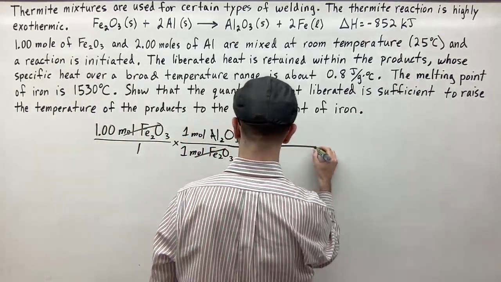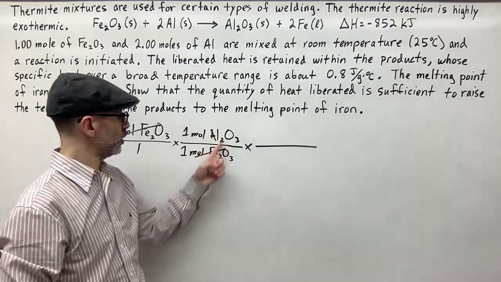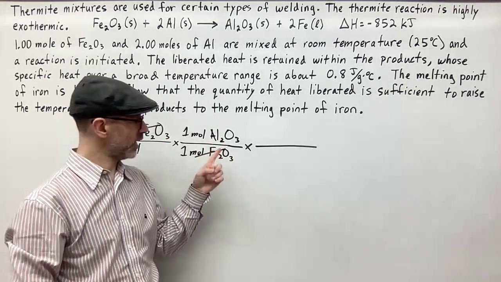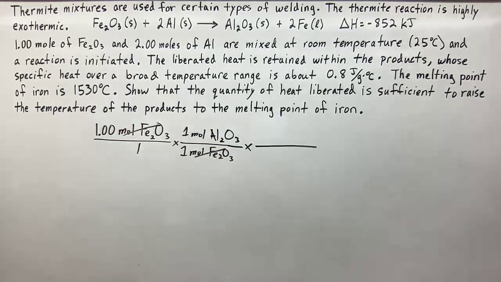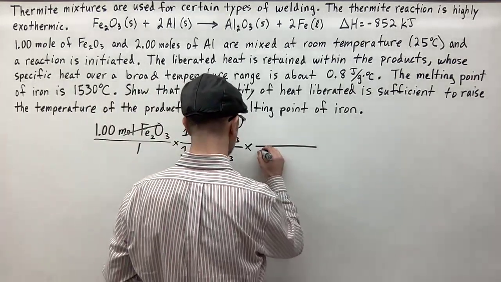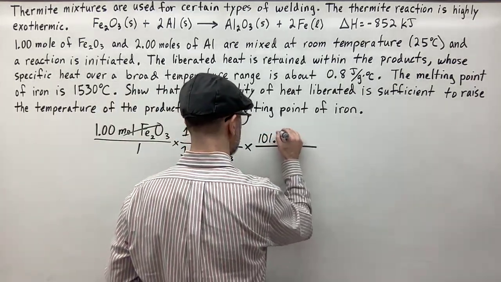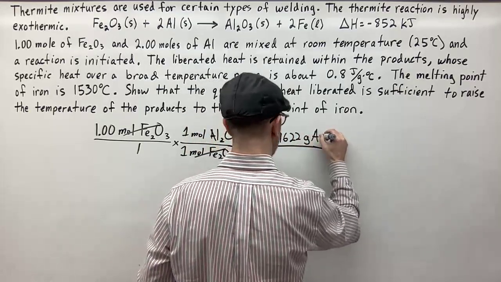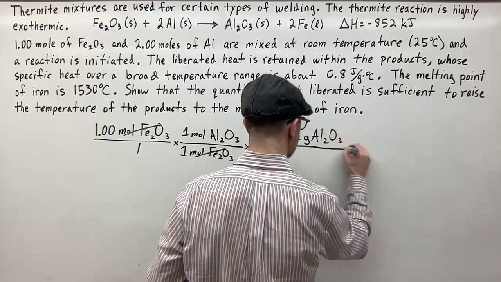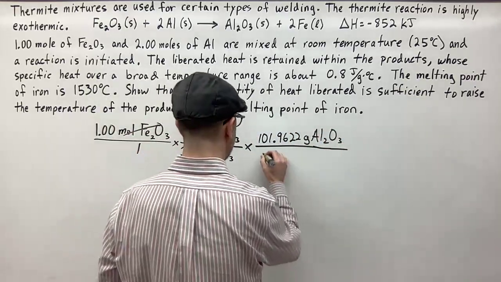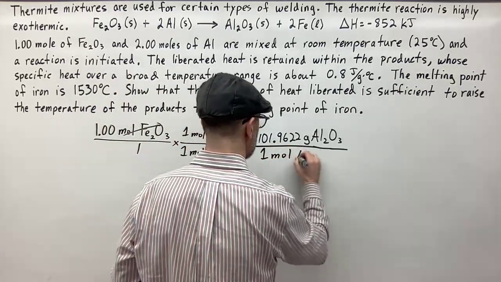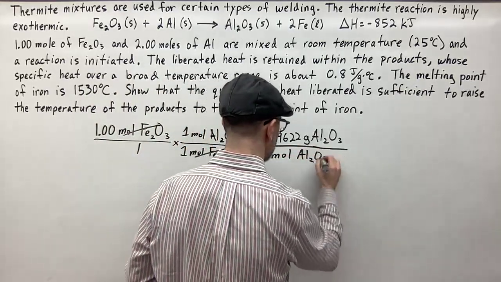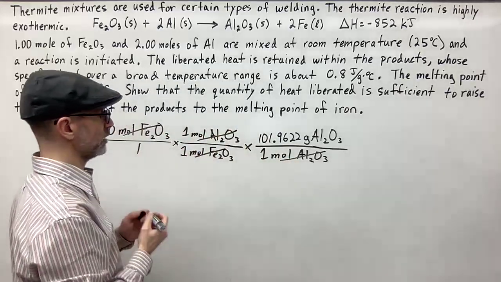Using the molar mass of aluminum oxide, Al2O3, which is 101.9622 grams of Al2O3 per 1 mole of Al2O3, the moles of Al2O3 cancel out.